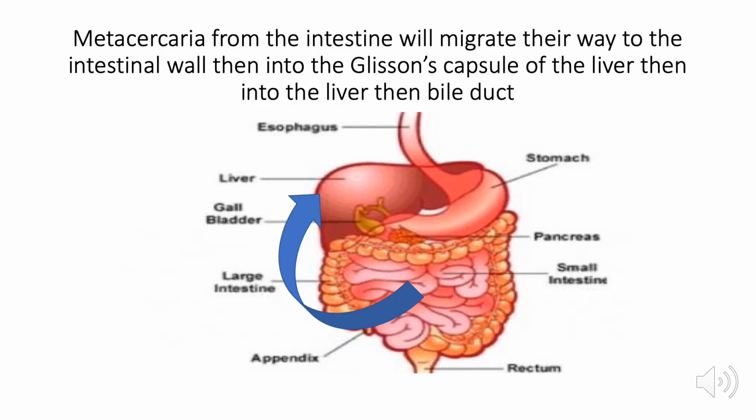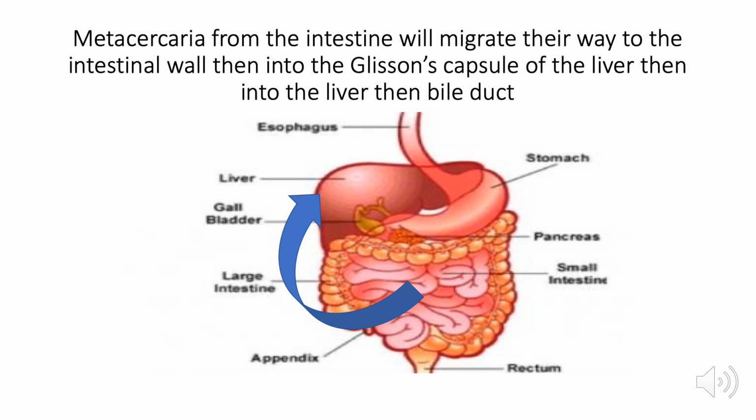Human infection begins with the ingestion of the metacercaria stage. Once present in the intestine, do you know that this metacercaria or immature fluke will penetrate the wall of the intestine because they are not supposed to live there? We're talking about hepatic flukes and they're supposed to live as adults in the bile duct.